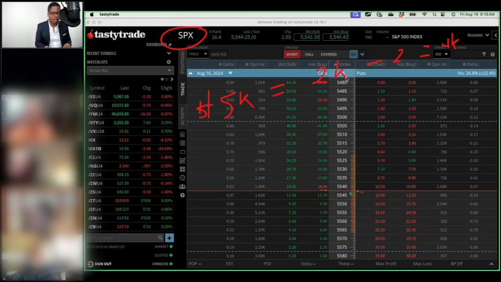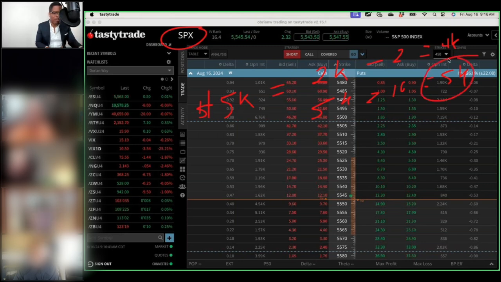If we have another problem, we roll out again, going from two contracts to five contracts, but we change it to a 10-point wide spread. That would equal the 5K. So that's our limit. We cannot use more than 5K.